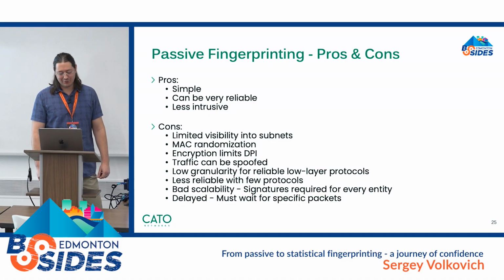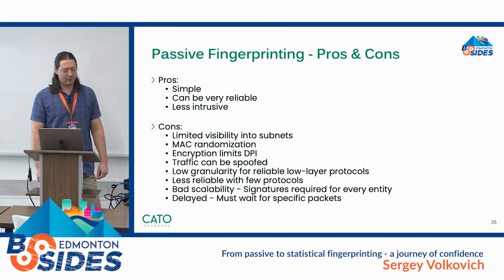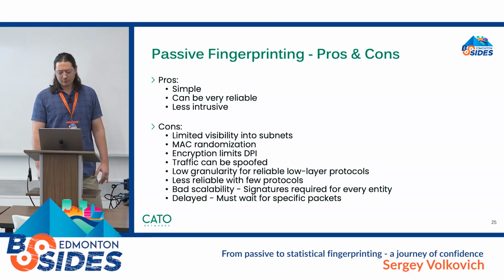As you can see, there's a much longer list of cons, but we work with what we got. First of all, as we discussed, there's limited visibility into the subnetworks. In addition, it is not always possible, or not every protocol enables us inspection of its content. Two key examples are, first of all, the subject of MAC randomization. As you all know, MAC in mobiles is randomized by default.